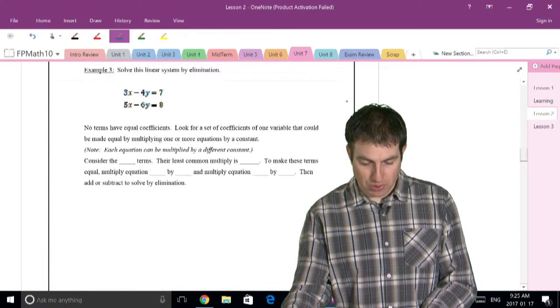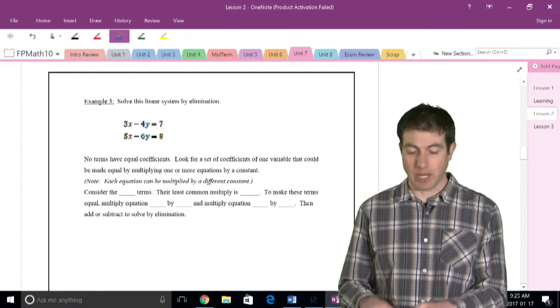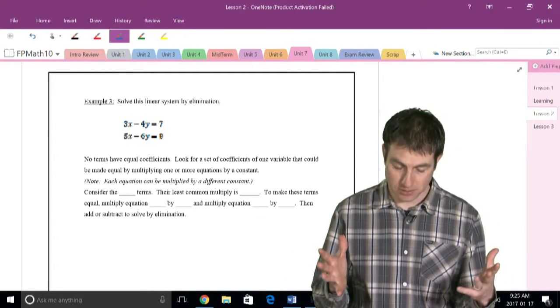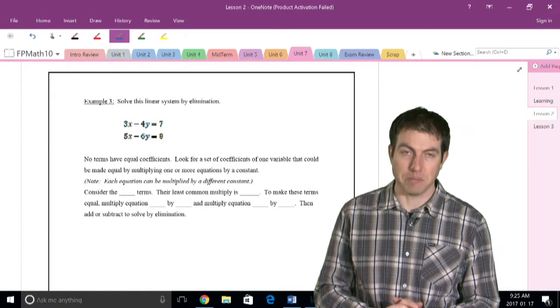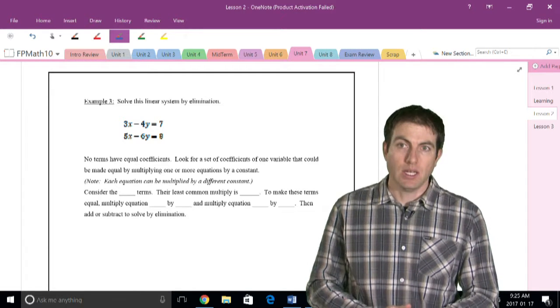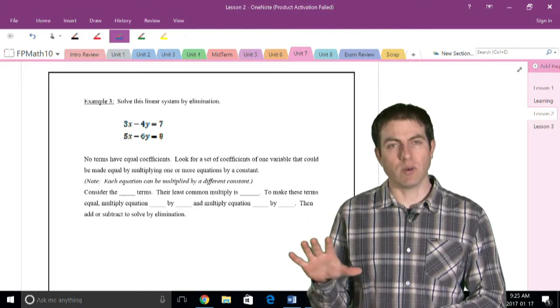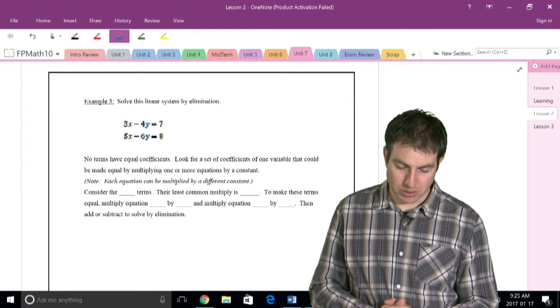In example number 3, the coefficients aren't the same. The x is a 3 and a 5. That doesn't work. The y is a negative 4 and a negative 6. That's not the same. So I can't add or subtract the equations directly. What we did in the previous example was multiply everything in one of the equations by 2, and then we were able to add or subtract them.